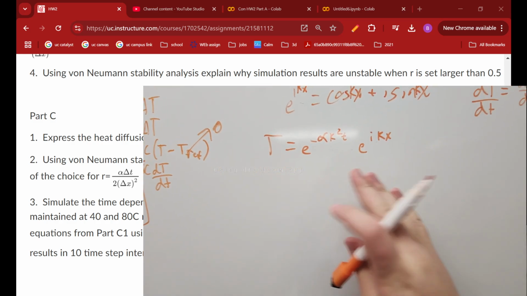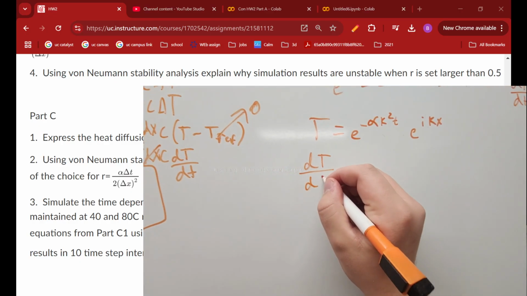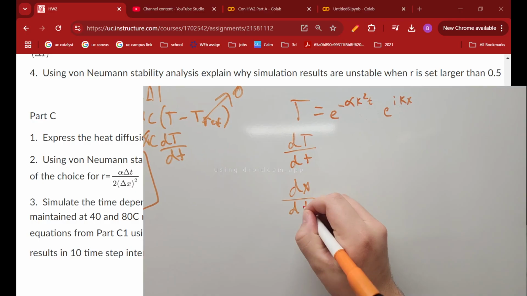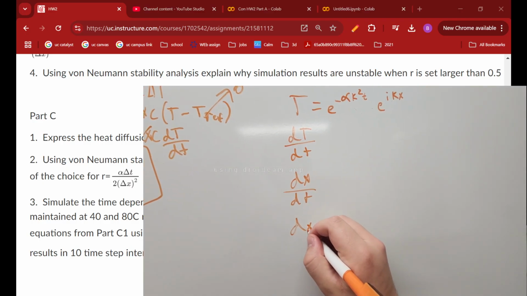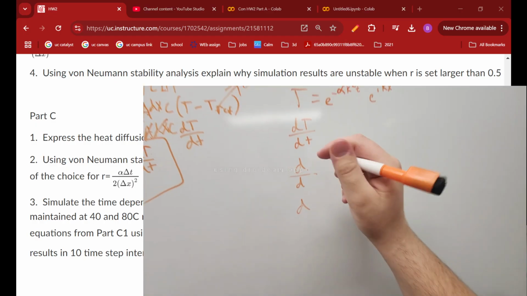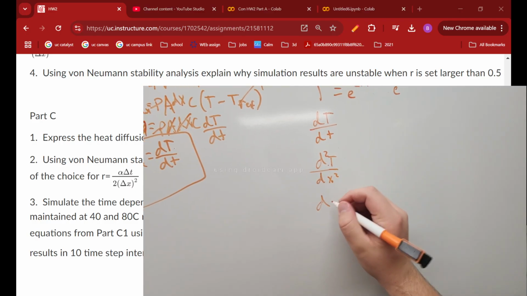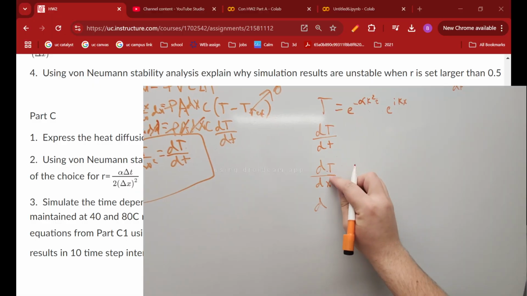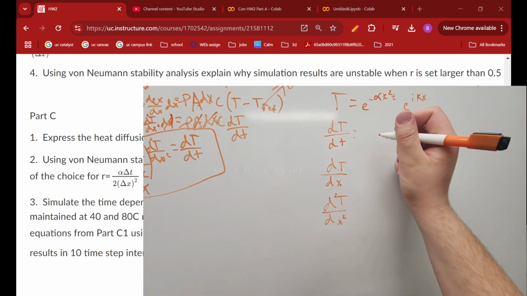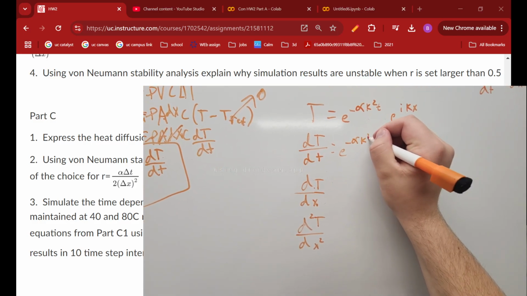So since we know that T is equal to this, and we have this, we're going to need dT, and then dx, dT, and that's only to get us to... or not, what am I doing? Getting ahead of myself. D squared T over dx squared, or to get to this. So this first one, we have e to the negative alpha k squared t.